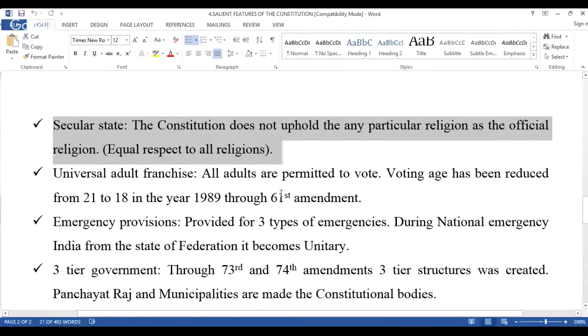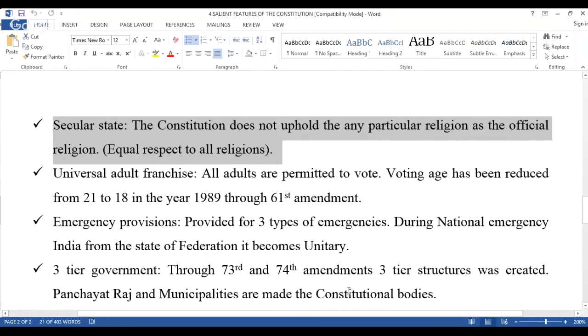Right. Next is the universal adult franchise. Look at this. When I say universal adult franchise, it means all the people in the country who are considered to be adults have the right to vote.